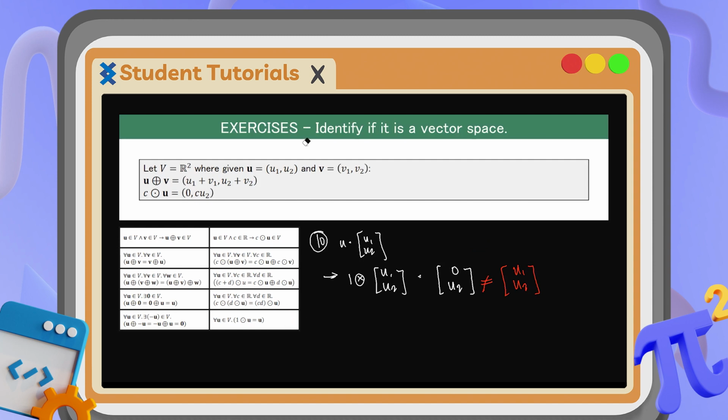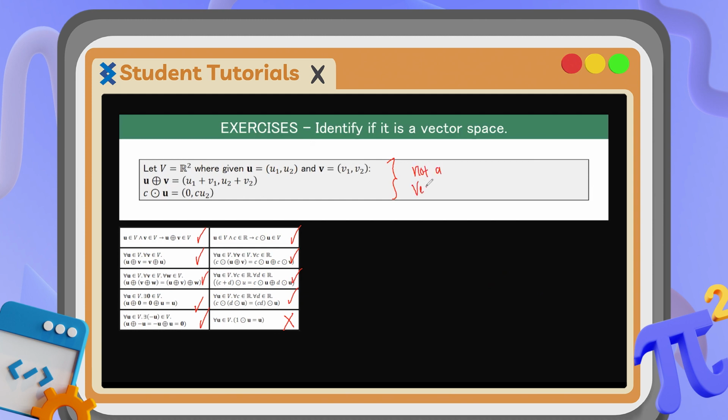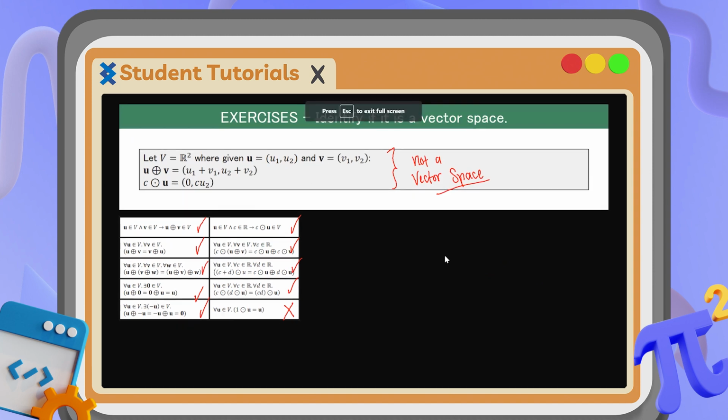Therefore, although we have satisfied 9 properties, if one property does not get satisfied, then this entire set and the operations provided is not a vector space. So, in evaluating vector spaces, you need to evaluate all 10 rules to identify whether it is a vector space or not.